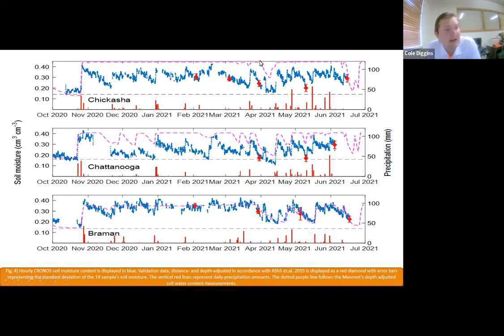And that could be for a number of reasons. We're not really sure exactly why, but we had great connection with the site at Bremen, where the Oklahoma Mesonet actually lined up very well with what we were predicting to be the soil moisture. So we had 2 sites that were not very useful, and then we had the one site that was very well correlated with what we were seeing.